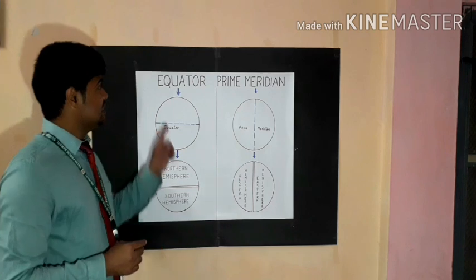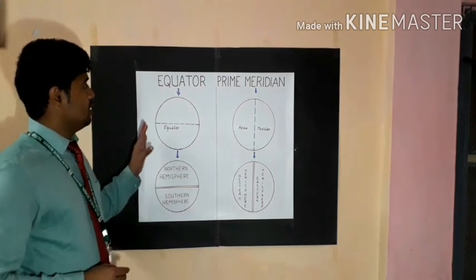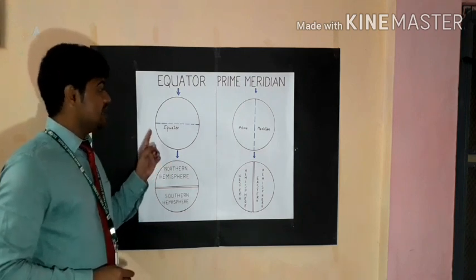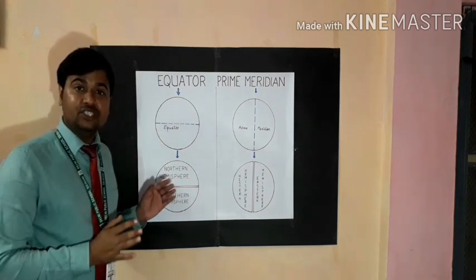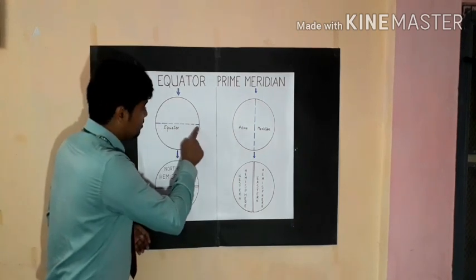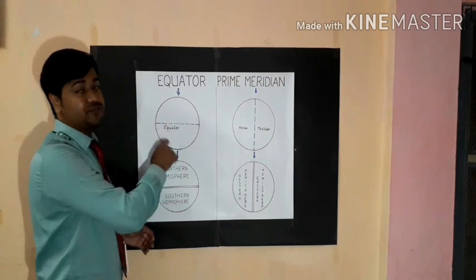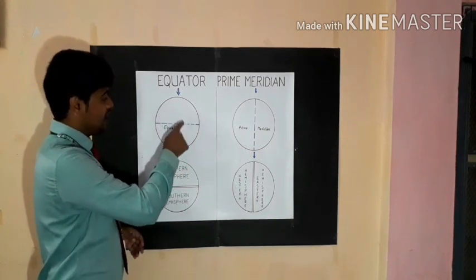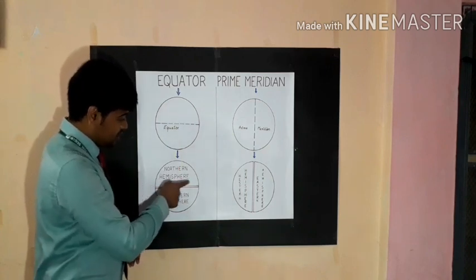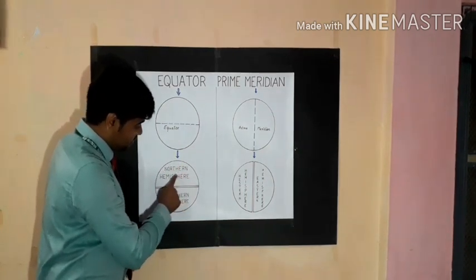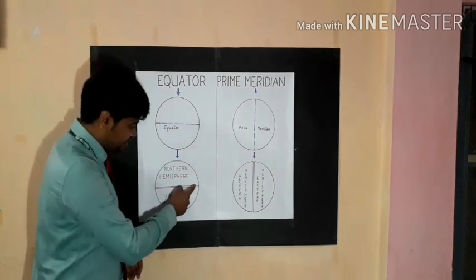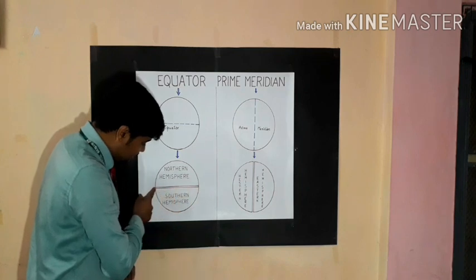Number 2 is equator. What is equator? Equator is an imaginary horizontal line which divides the earth into two hemispheres. One is northern and another one is southern hemisphere. You can see in this diagram, this portion is northern hemisphere and this portion is southern hemisphere, and this is equator.